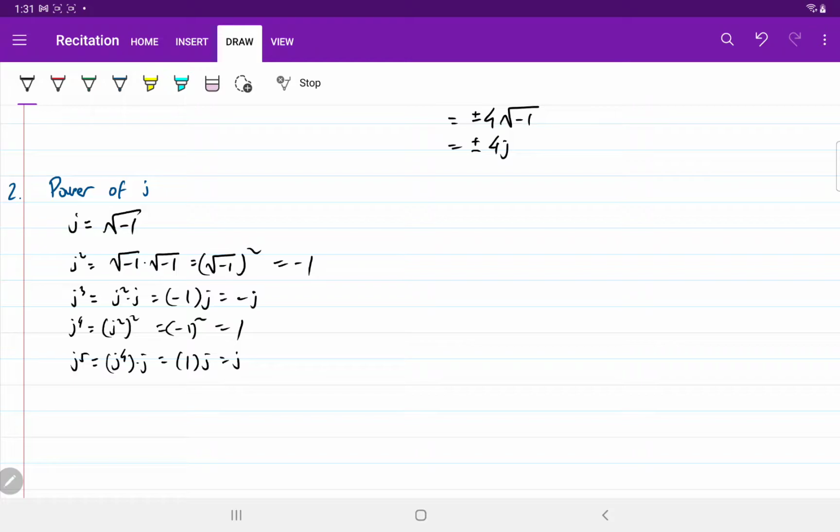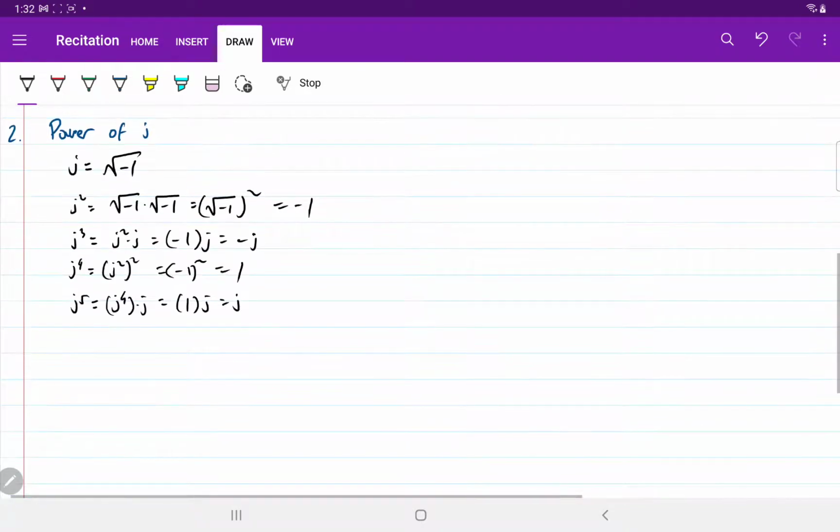So any power n of j can be represented by either j squared, j cubed, or j to the 4. For example, what is j to the power of 2307? Well, you can use modulus of 4.